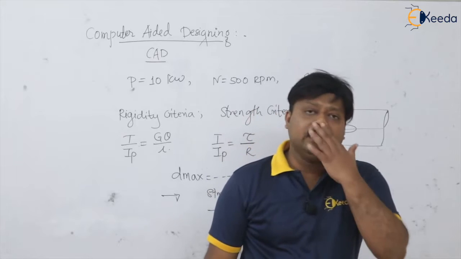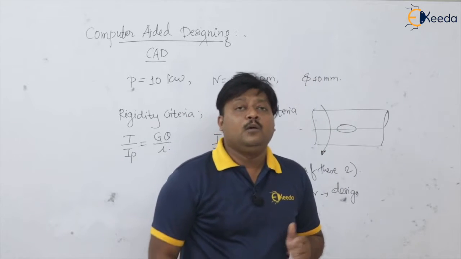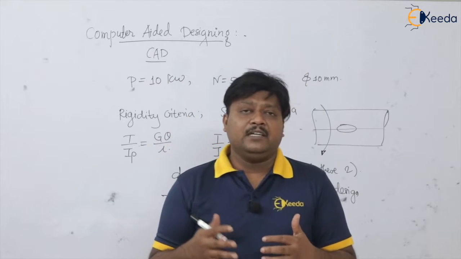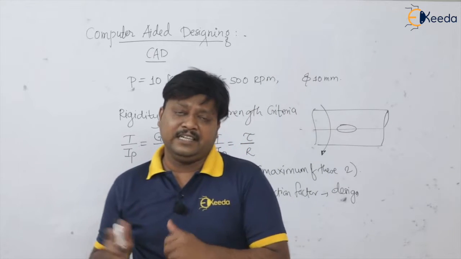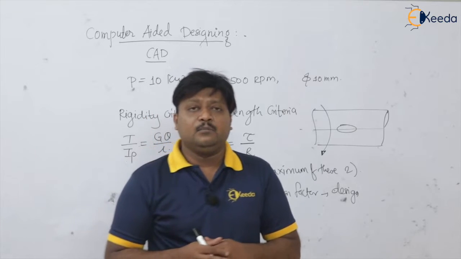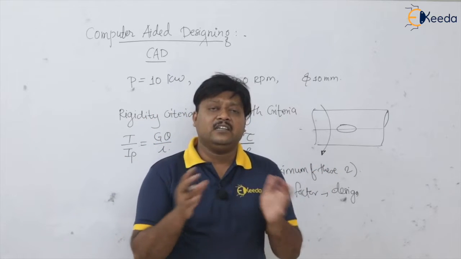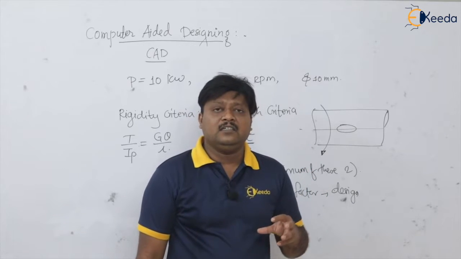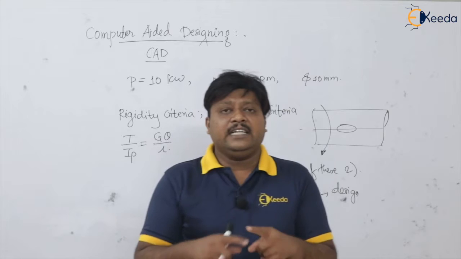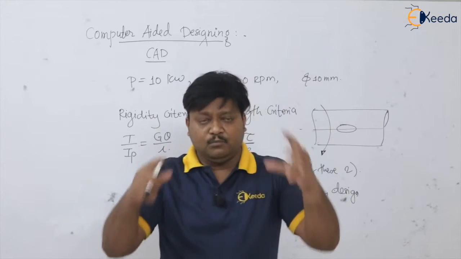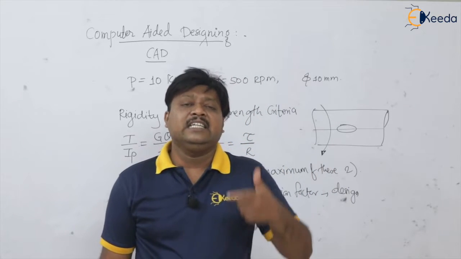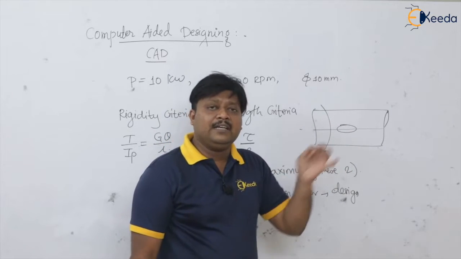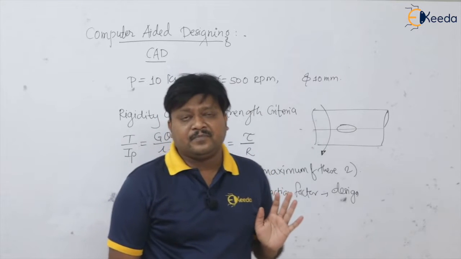The factor of safety, how much do we take generally? We take 2. But see, now the same thing we are going to compare with the computer aided designing. So if you compare the conventional and the computer aided designing, in the conventional designing system the entire body is taken as a single element, and the analysis is done, isn't it?